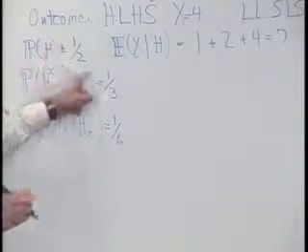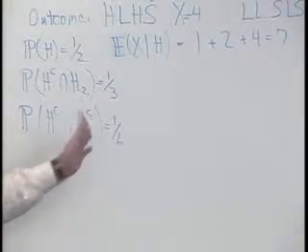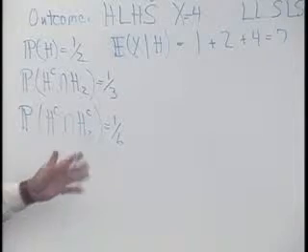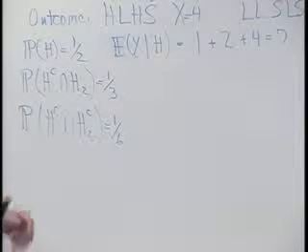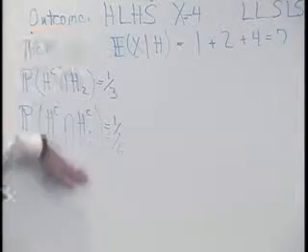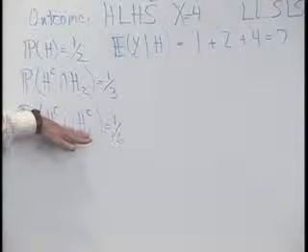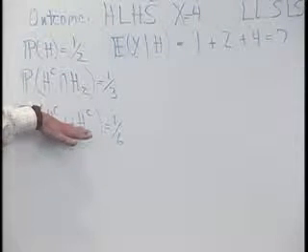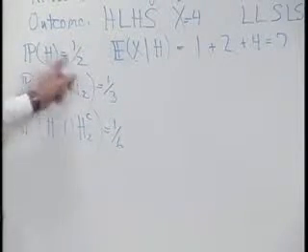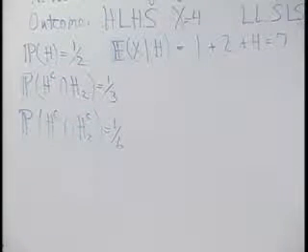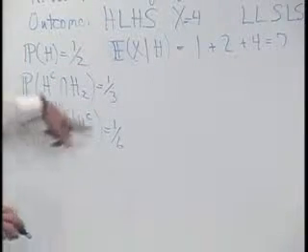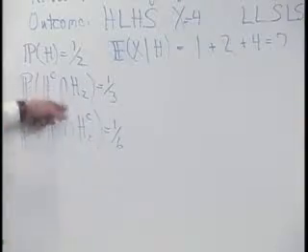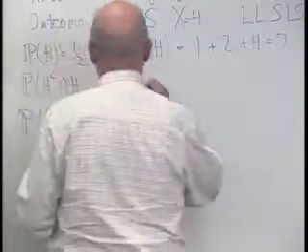That's 1/6. And sure enough, 1/2 plus 1/3 plus 1/6 equals 1. So the rule for conditional expectation, remember, is partition the sample space, find a set of disjoint events whose union is everything and whose probabilities sum to 1, and then multiply these probabilities by the expectation conditioned on what happened. Yes?